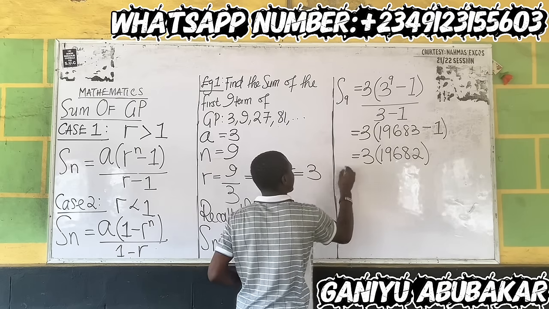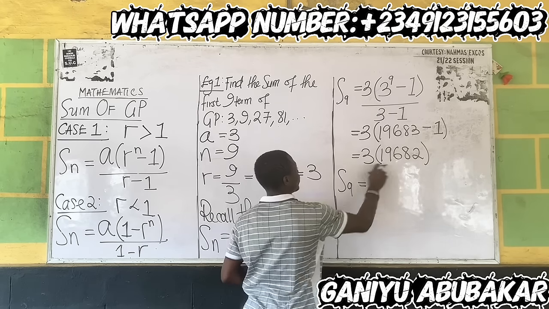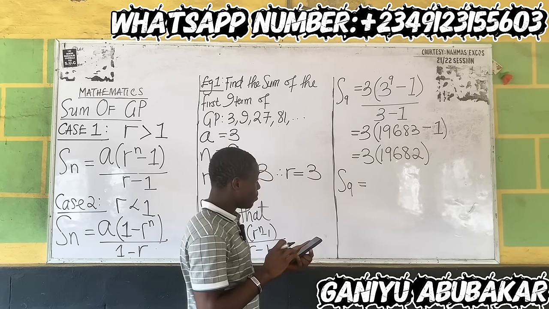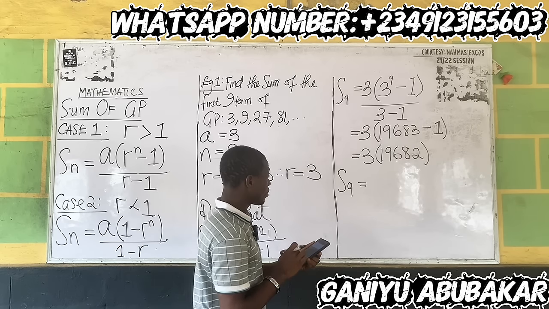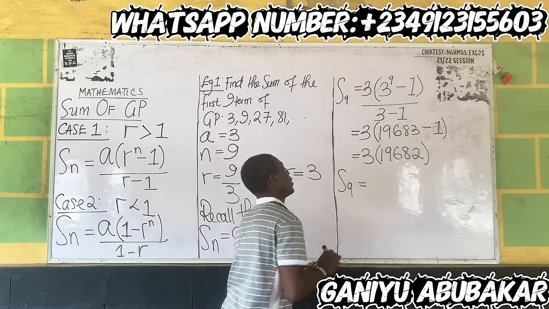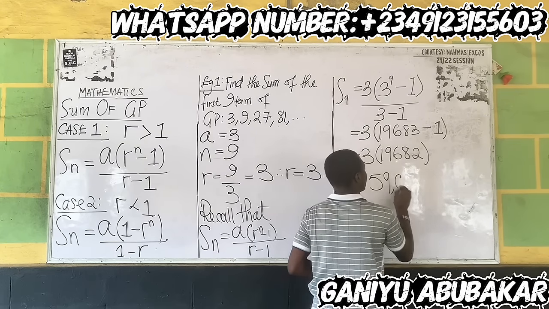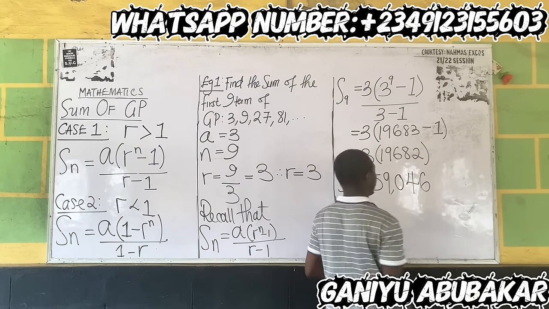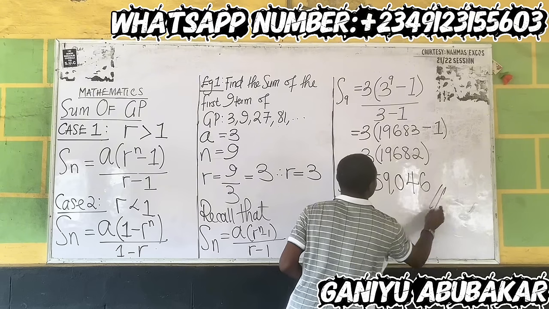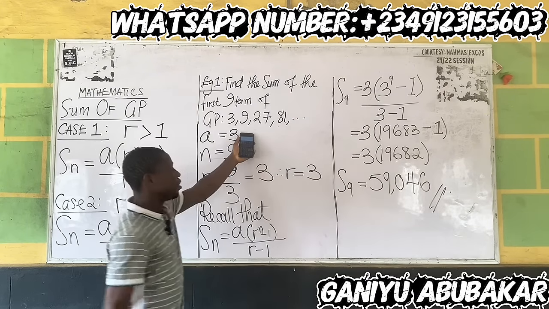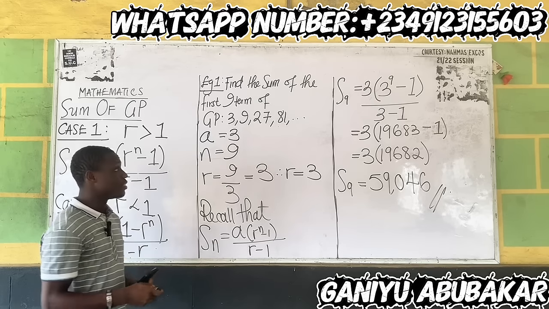So the sum of the 9 terms of this GP is equal to multiplying these two. If I multiply 3 by 19,682, that gives 59,046. So that's my value here. The sum of the first 9 terms of this GP is 59,046.